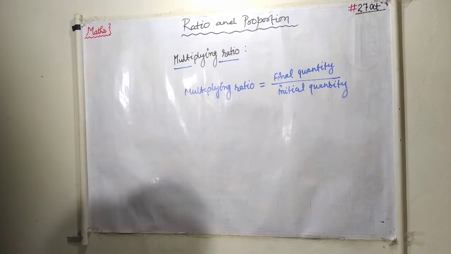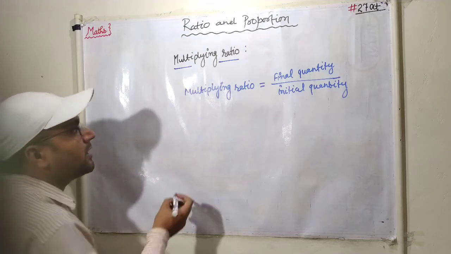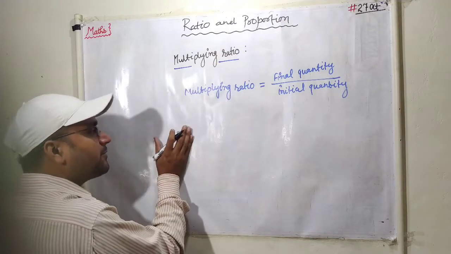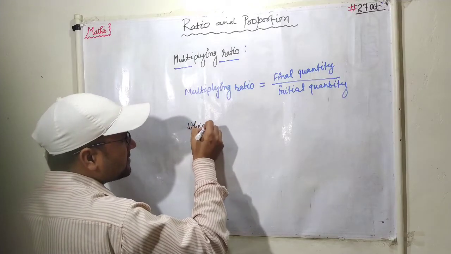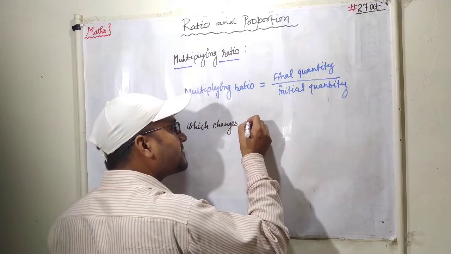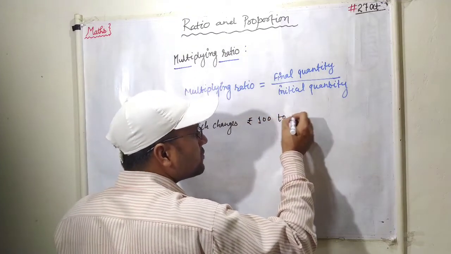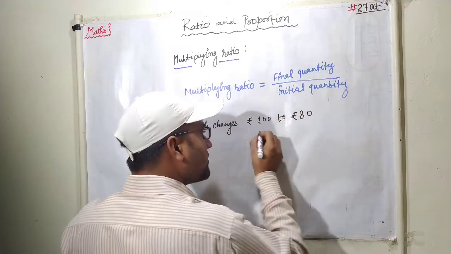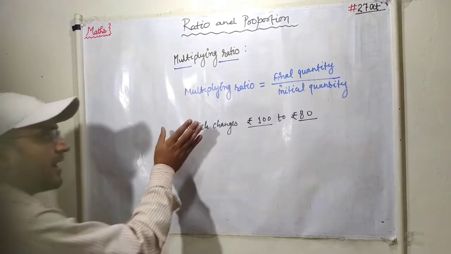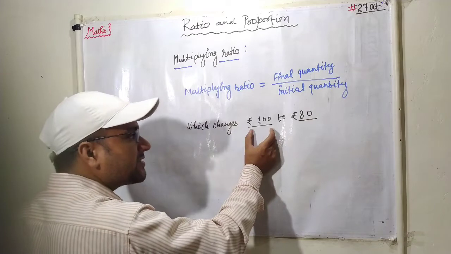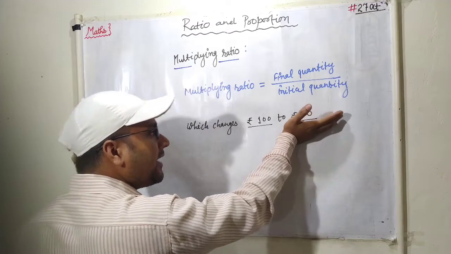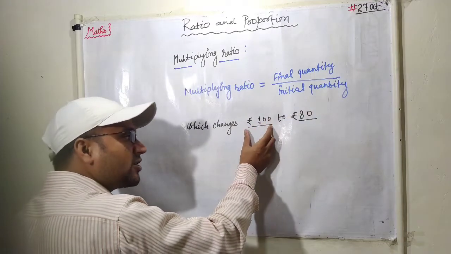Suppose find the multiplying ratio which changes rupees 100 to rupees 80. This is the initial quantity and this one is the final quantity. The final position is 80 and the initial quantity is 100.